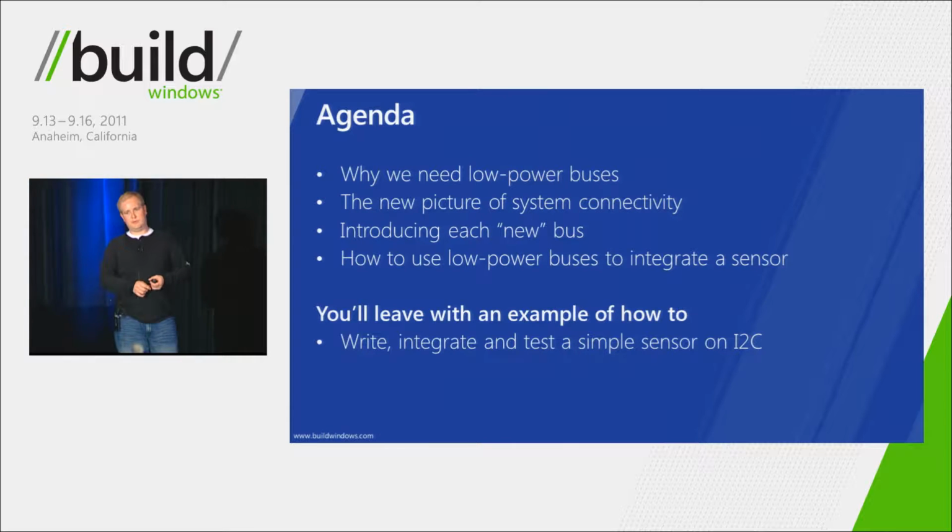And then we're going to introduce each new bus. Then we're going to take the example of a sensor in our Windows driver kit and walk through how you would go about putting that sensor into a Windows 8 system end-to-end from both a hardware builder perspective and a software writer perspective.